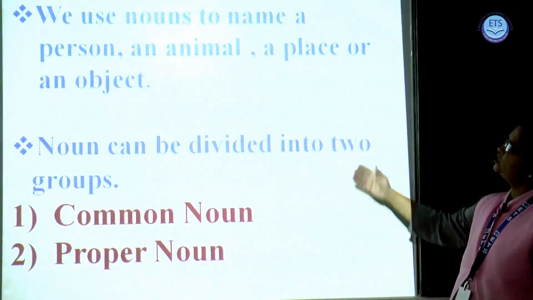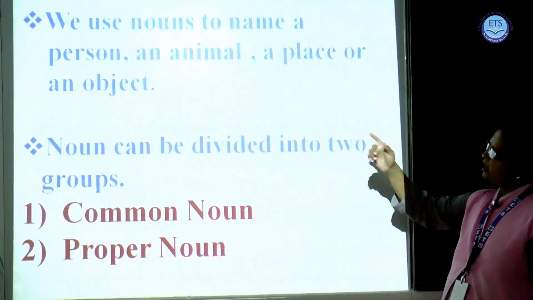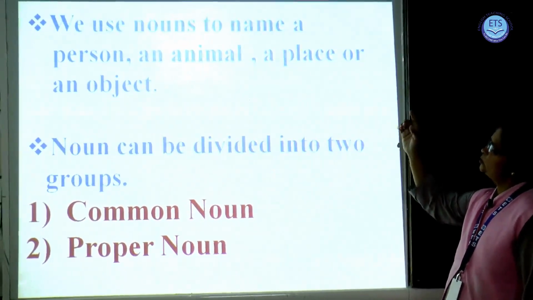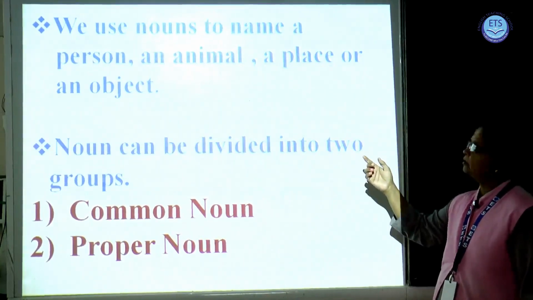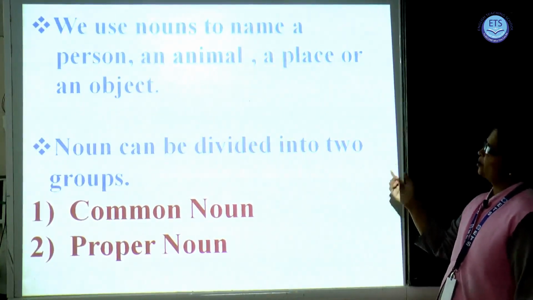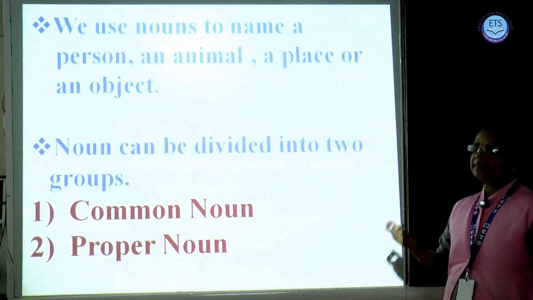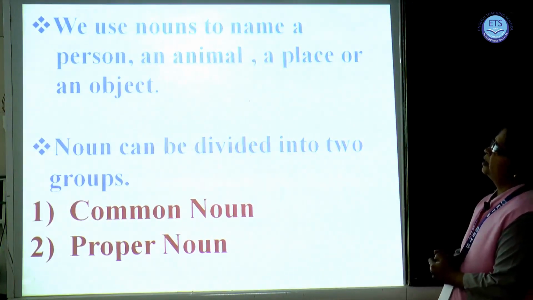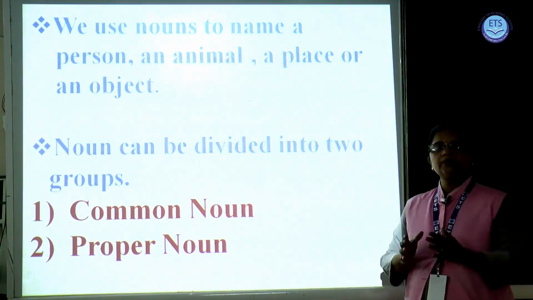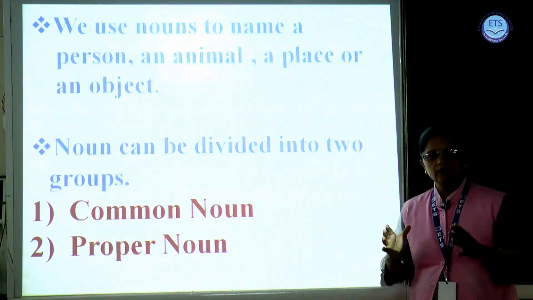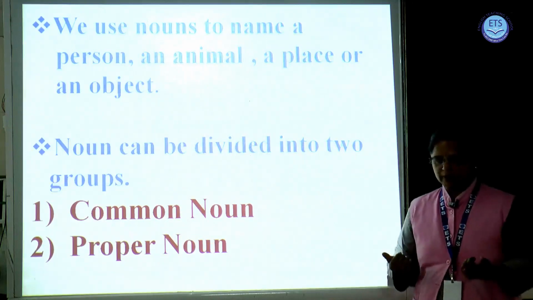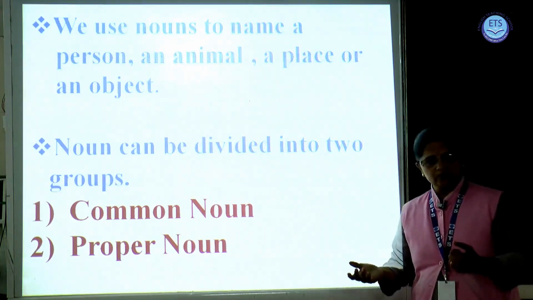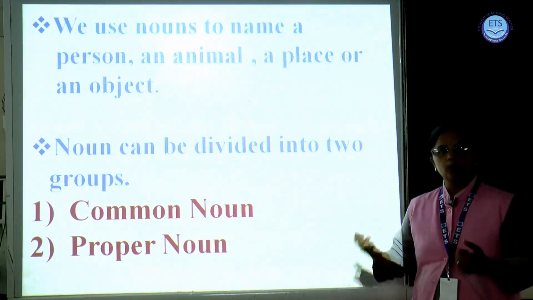Now here you can see, children, we use nouns to name a person, an animal, a place or an object. As I said before, children, a person. Person means those people who are related to you, like your family members, your teachers, students, your colleagues.